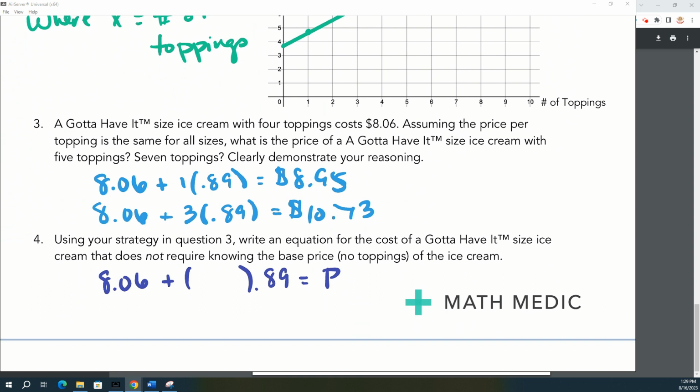So how do you figure out how many slopes to add to it? Close. It's going to be x minus, but it's not going to be 1. What's it going to be? 4. Because that's what I did, kind of in my head, to figure out this 1 and this 3: I took however many toppings it was and subtracted 4. Good job, guys.